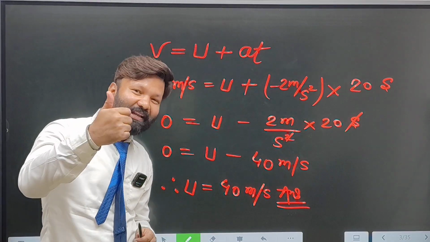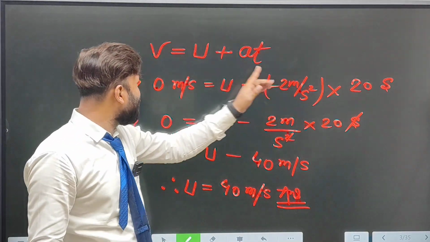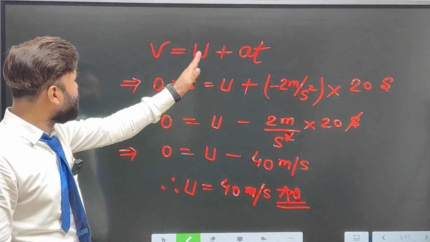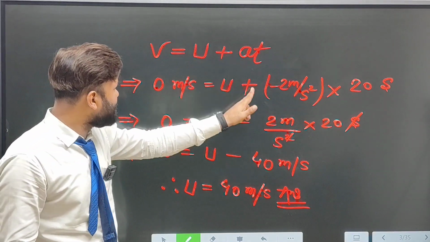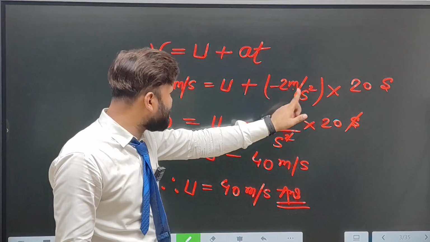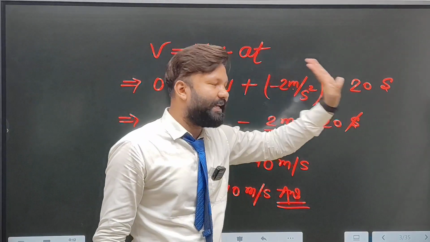This equation we have already learned in a previous video. v is 0 meter per second, which is given. u is not given, we have to find it. In place of a, given minus 2 meter per second square, multiply, in place of t I have written 20 seconds.